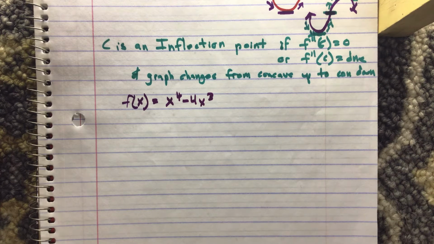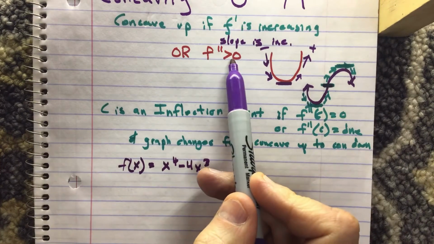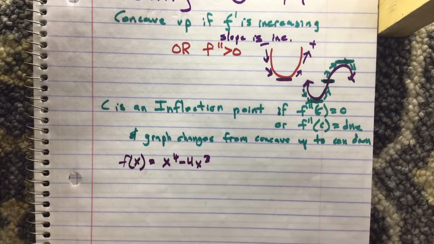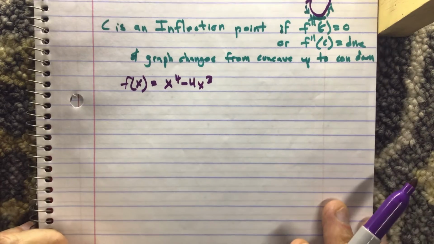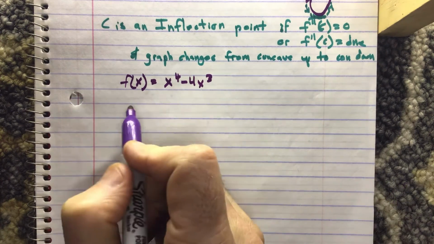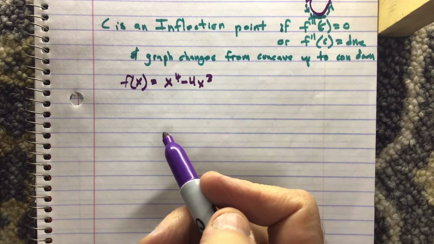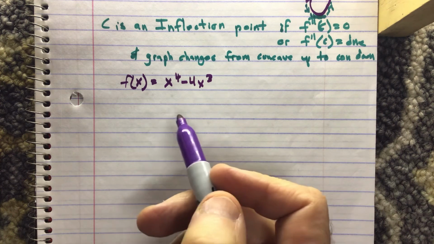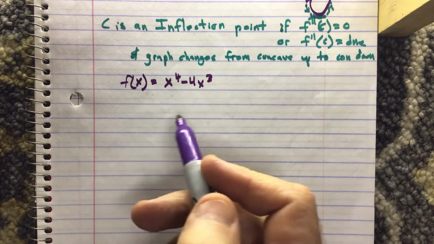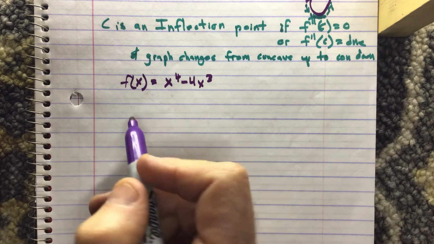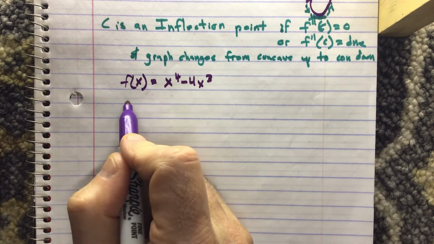In order to do that, I have to figure out where the second derivative equals 0, and then I'm going to use a test point before and after to see if the second derivative is greater than 0, then I know it's concave up, and if it's less than 0, I know it's concave down. This is similar to what we did earlier, where we were finding if it was increasing or decreasing. We used the first derivative around the critical points. Here we're going to use the second derivative, and then test points before and after.